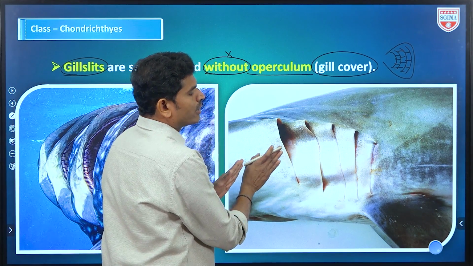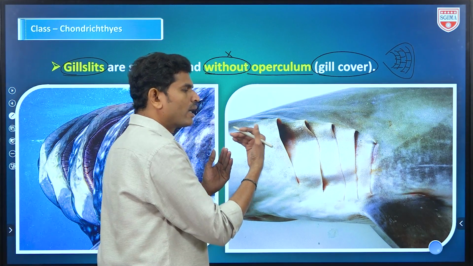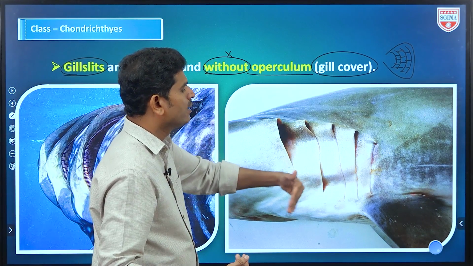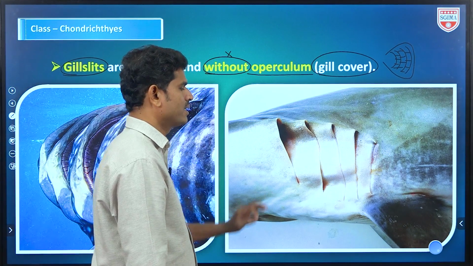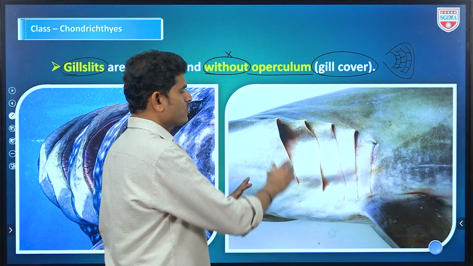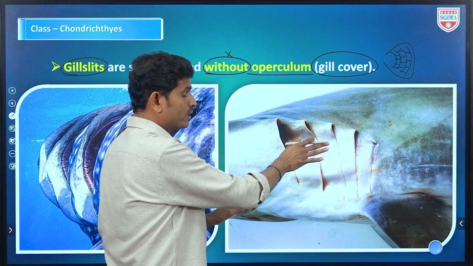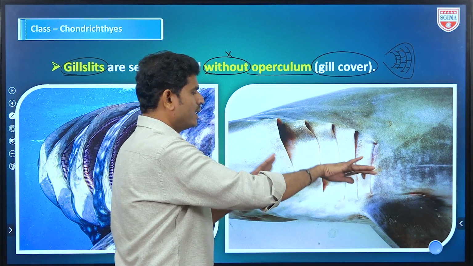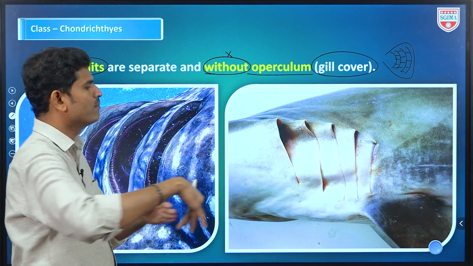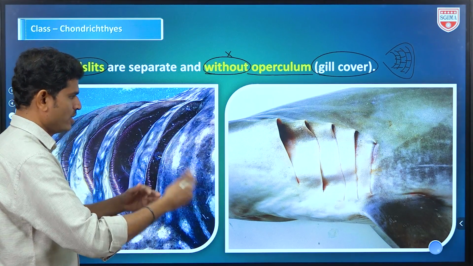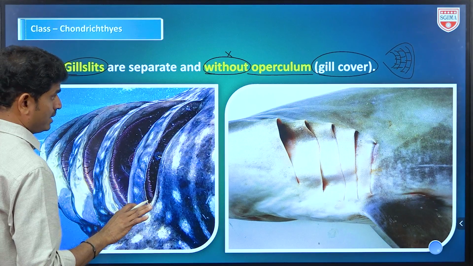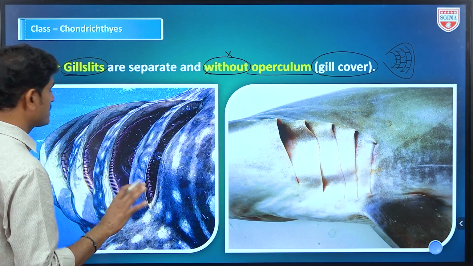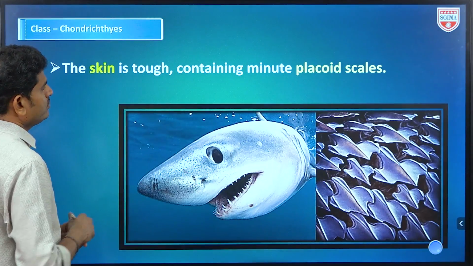Through the mouth it will enter, and from the mouth, buccal chamber, pharynx, pharynx से ये बाहर आते, क्योंकि pharynx region में ये gill slits are present. That's why they are called pharyngeal gill slits. While it comes outside, the gas exchange takes place. So gill slits are present. This doesn't contain the operculum.